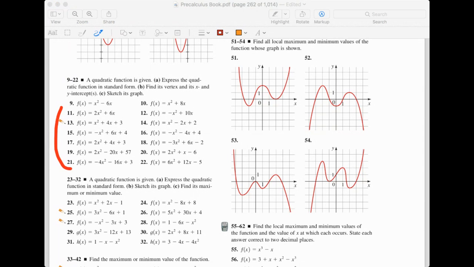So homework 4, 3.1, 1 up to 4, and 9, 11, 13, 15, 17, 19.